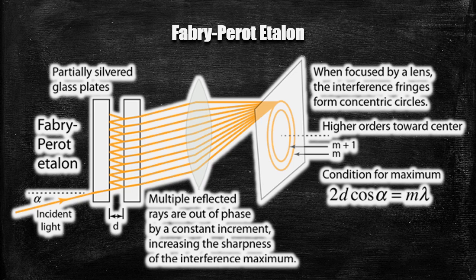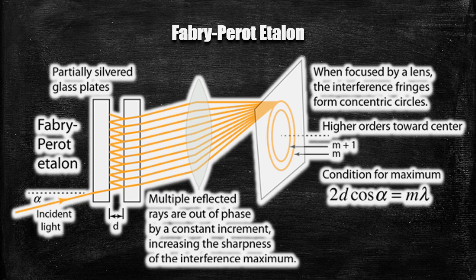So it acts like a grating, and it produces multiple reflected rays out in concentric rings. So we use a concentric lens to form concentric circles.